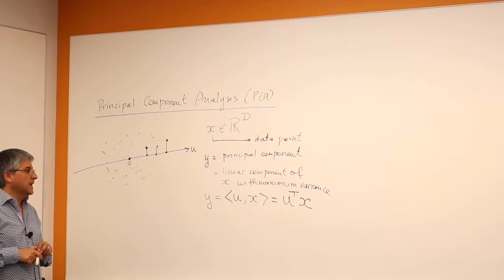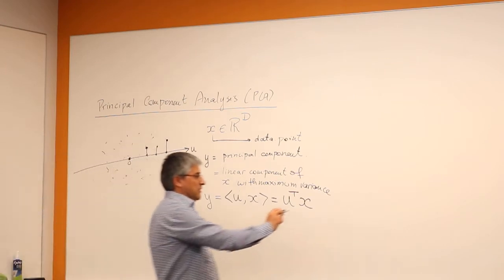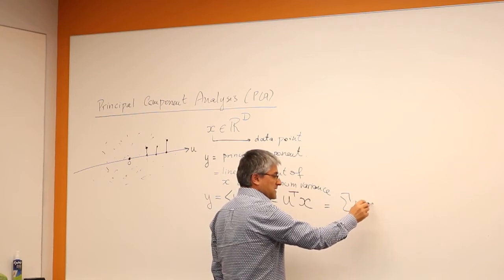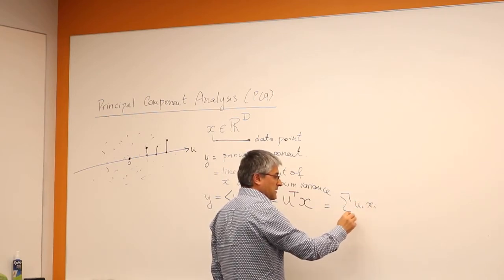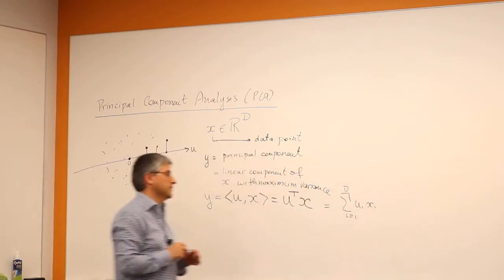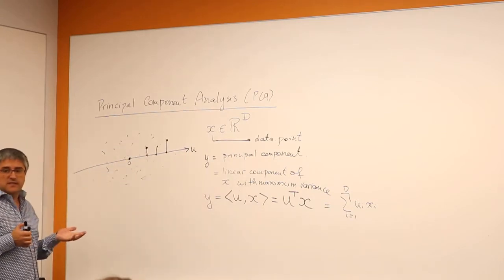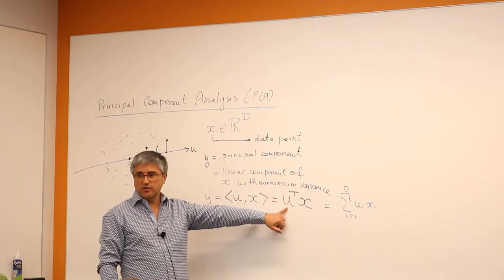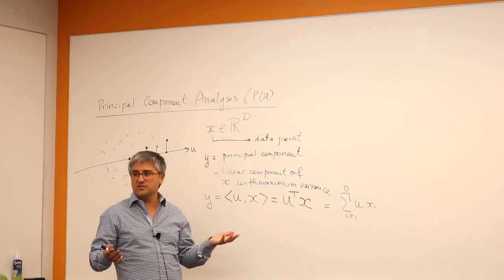If you don't remember, I'm sure everybody remembered, this is just the sum of u_i x_i. That's what I mean in there. Good. So that's the definition of a linear component. Now, among all linear components, and this means among all possible choices of u, I want to pick the one that gives the largest variance.